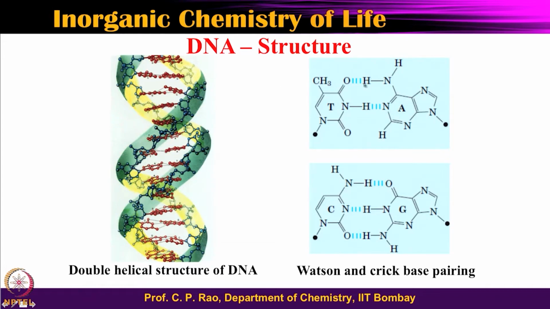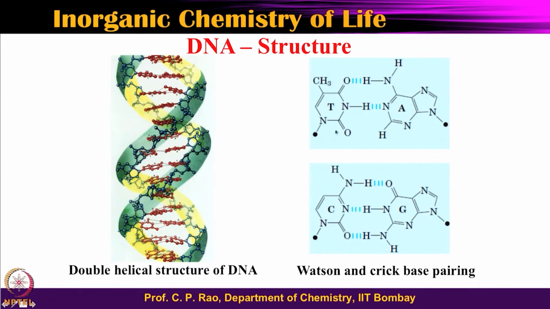To understand that, look at the right side, on the top for example, where you have two nucleic bases. The two nucleic bases are interacting through hydrogen bonds, NHO, then NHN. So, you have the NHN hydrogen bond and the NHO hydrogen bond.